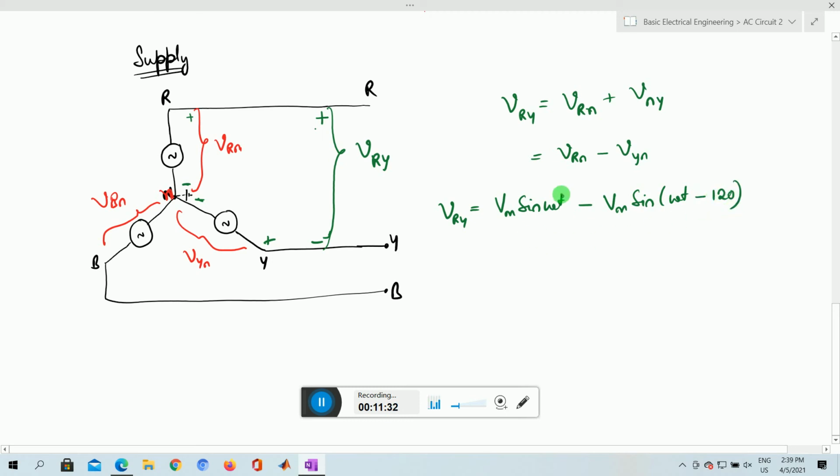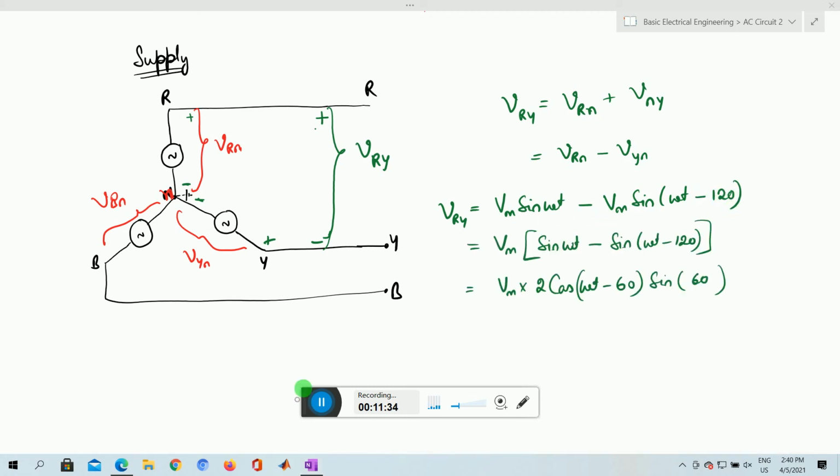So let us solve this equation. We have Vm sine omega t minus Vm sine of omega t minus 120 degrees, with Vm taken as common. For these two together we use sine A minus sine B, which equals 2 cos of (A plus B) by 2, so (omega t plus omega t minus 120) by 2, which is omega t minus 60, times sine of (A minus B) by 2.